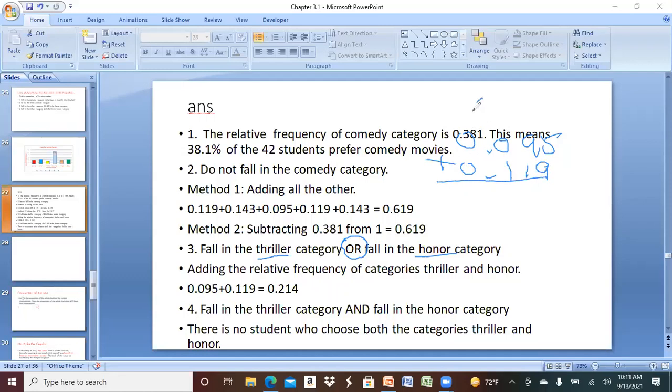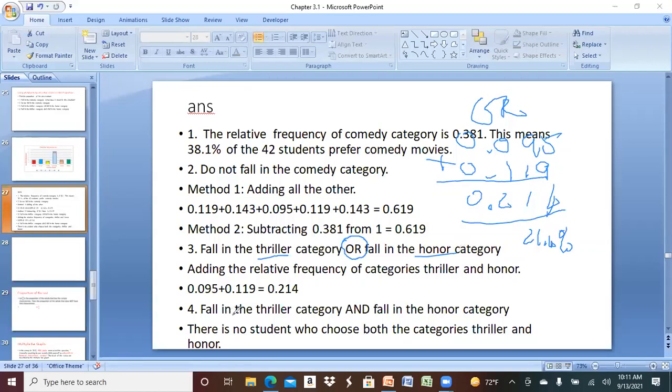Find the all. You add together and you will get 0.214 or 21.4% in the thriller category or horror category.